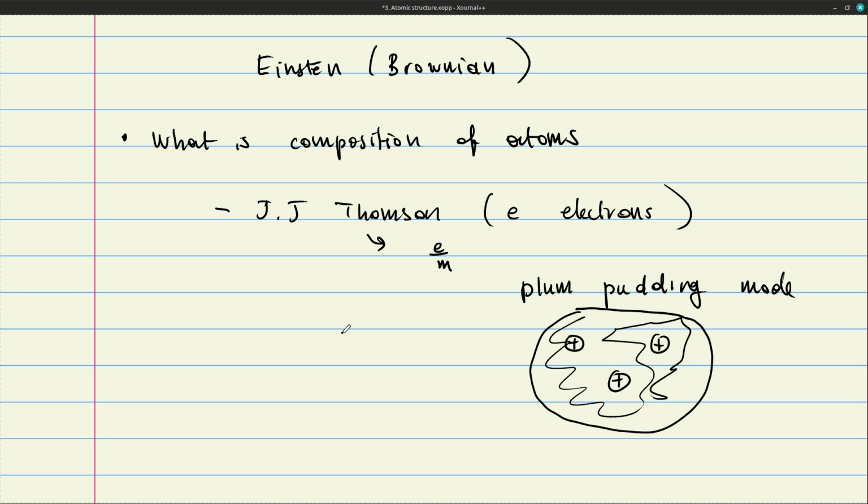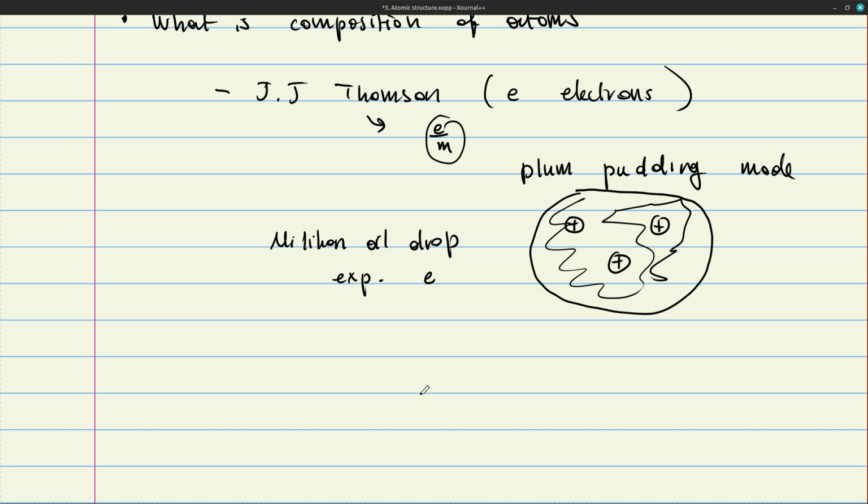And after Thomson, maybe I have to also mention Millikan. The Millikan oil drop experiment established not e over m, but the charge of the electron itself, which was the indivisible unit of electric charge.